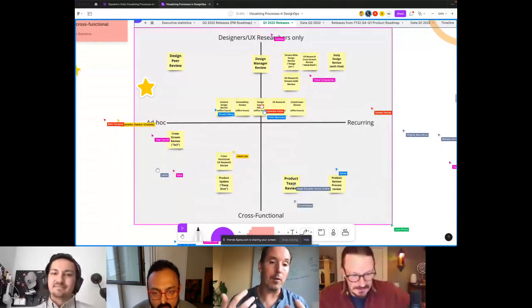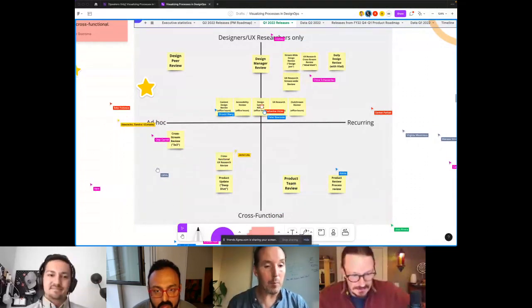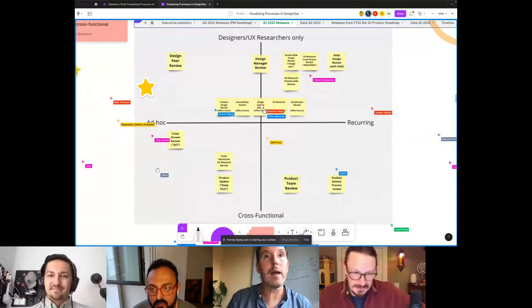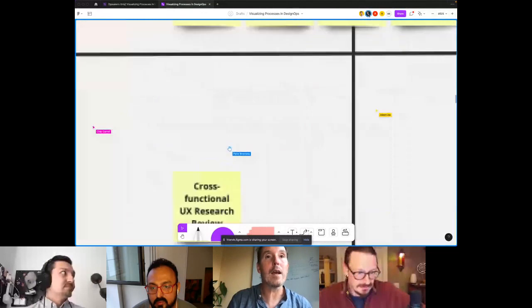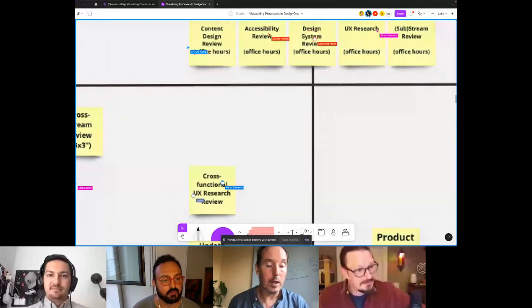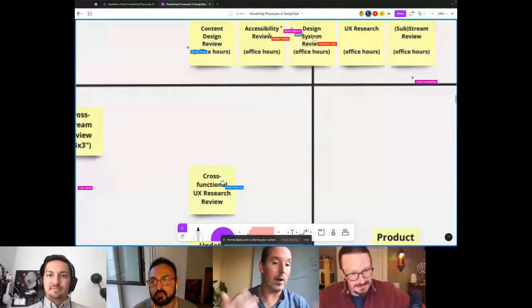Like I said, we can start tracking them using the same names and see if performing, say, a cross-functional UX research review correlates with higher quality overall over time and over multiple initiatives.